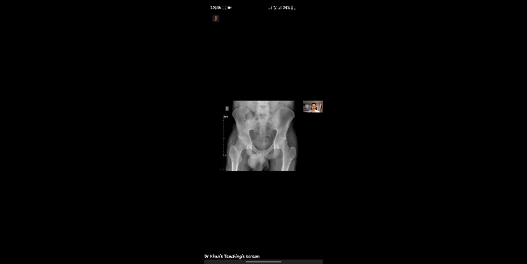So this is your second case now and your last case. This is a 24-year-old with diarrhea and weight loss with hip and back pain. Okay.